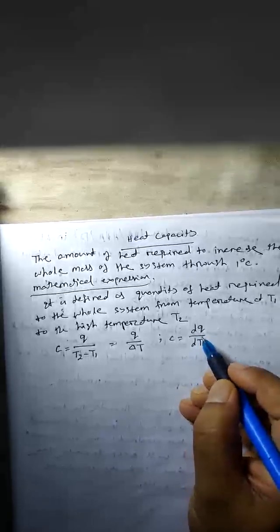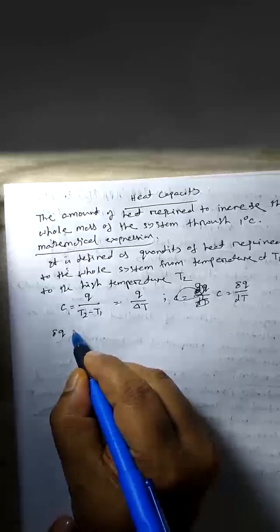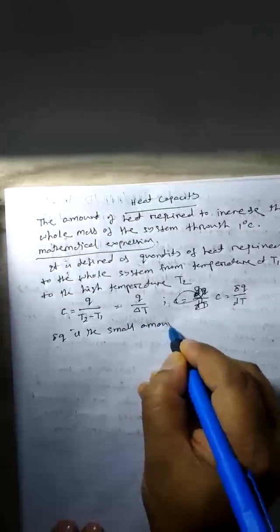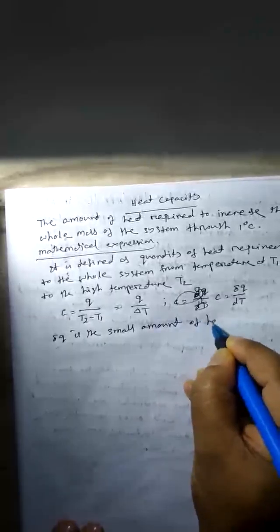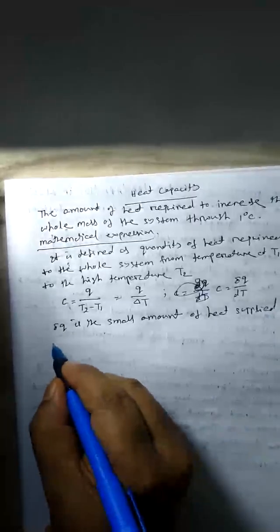You remember here that we know that heat and work are path functions, so here we cannot write delta. We can write C is equal to del Q by dT, where del Q is the small amount of heat supplied to the system.